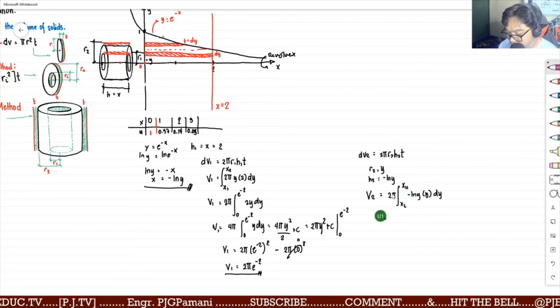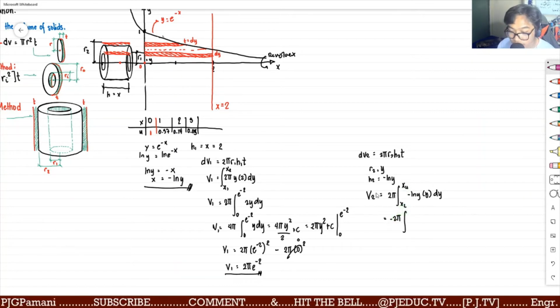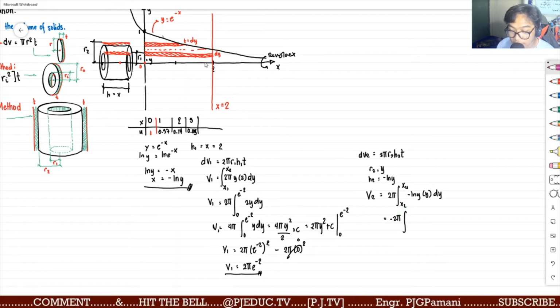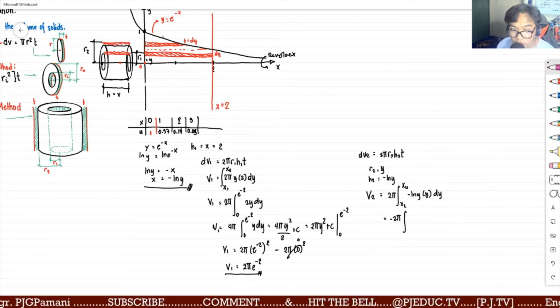Okay? That is 2 pi. What are our upper and lower limits here? Our upper limit is 1.